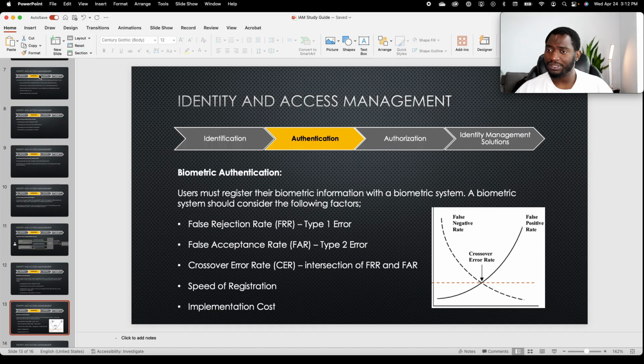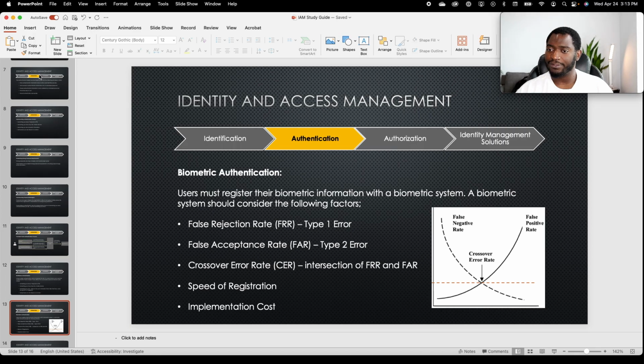Now, for biometric authentication, a user must register their biometric information with a biometric system, and the biometric system should consider the following types of factors. And this is something that you should definitely keep in mind for the certification. You have the false rejection rate, which is a type 1 error.